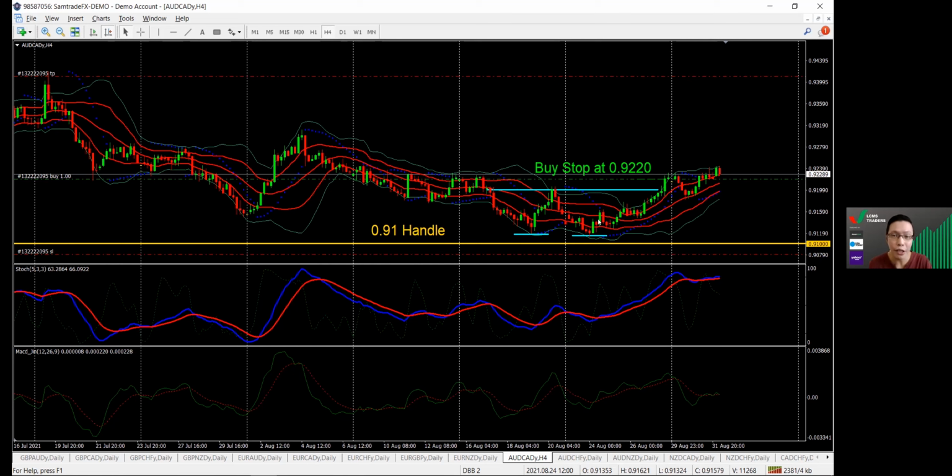So the market was a bit skeptical on the RBA's decision to carry on with the QE tapering in September. However, in August, the RBA decides that, you know what, we are going to carry on with the whole tapering, because the economic recovery in Australia has been very robust, and they are projecting 2022 growth to be stronger.